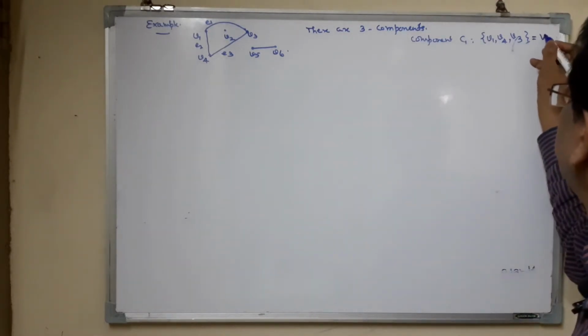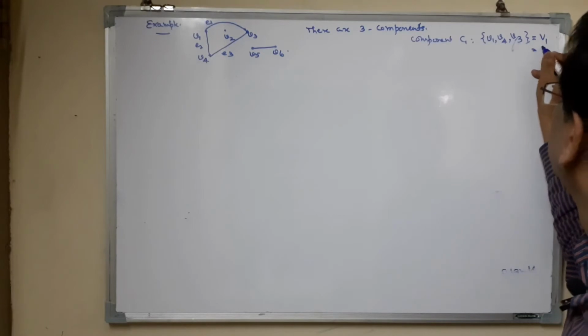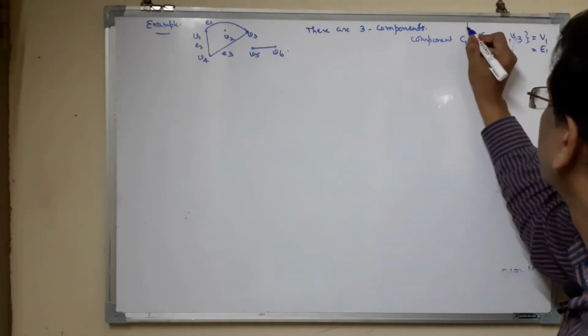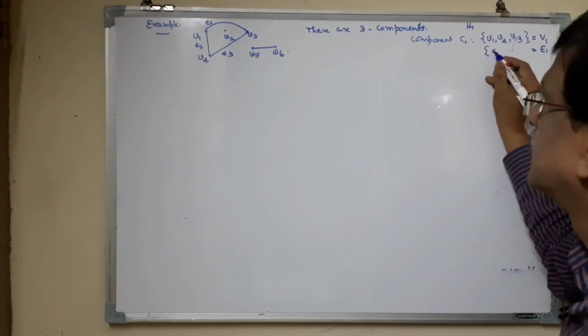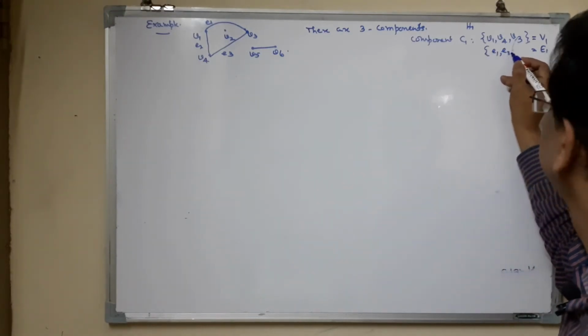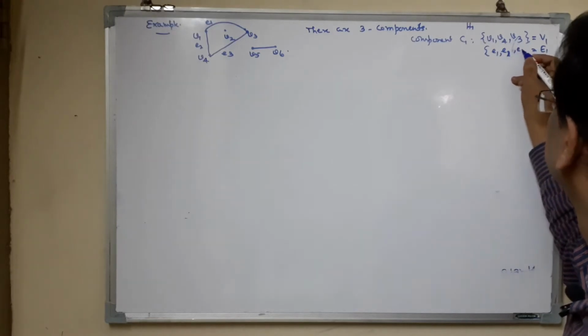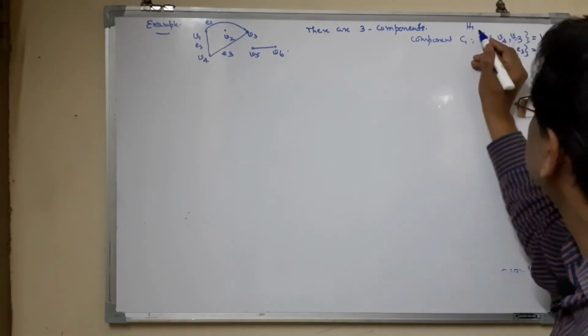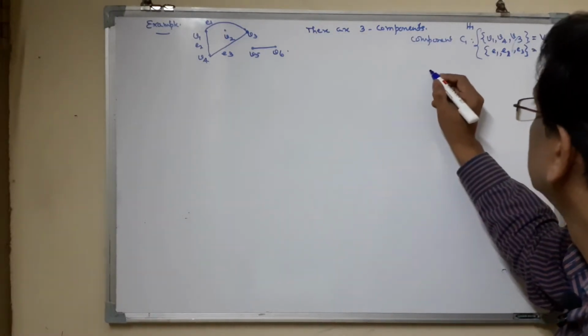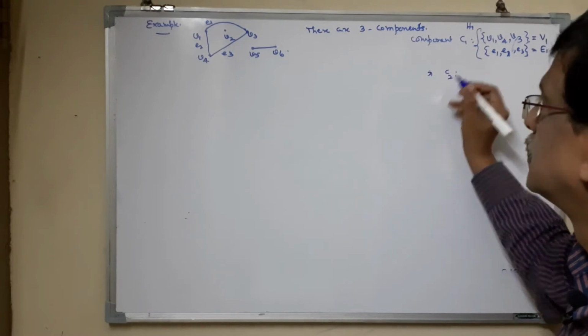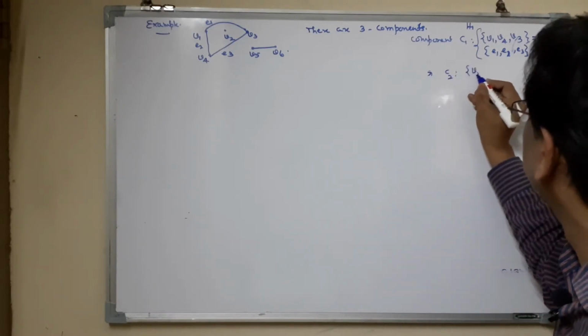The edges are E1, E2, E3. So together, the vertex set as well as the edge set, that's a subgraph. It is a component. What are the other components? The component C2 is the singleton V2 only, there is no edge.